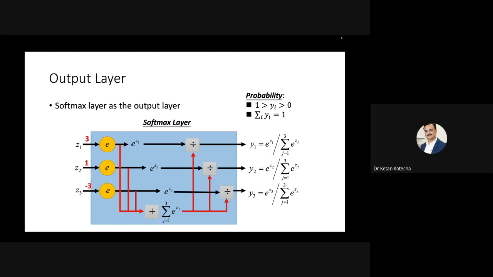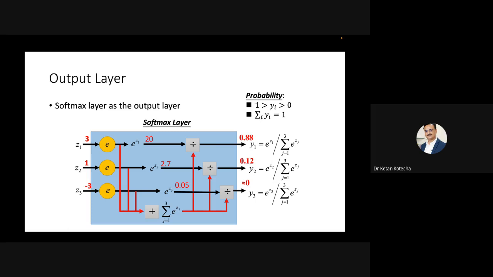So this is the last layer always of a neural network, and it gives us the probability if you are doing a classification problem. Some calculations I have given here. The input is 3, 1, and -3. You calculate e raised to 3 is about 20, e raised to 1 is 2.7, e raised to -3 is maybe 0.05, and then you do the weighted average and you get this.